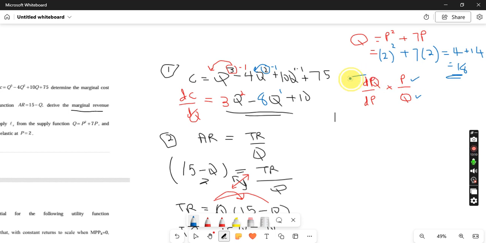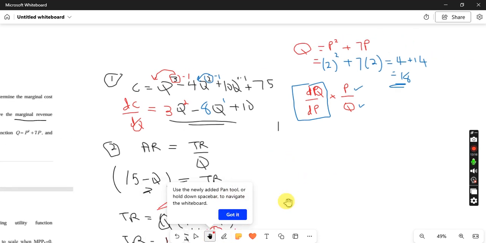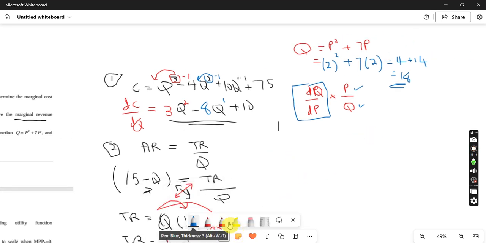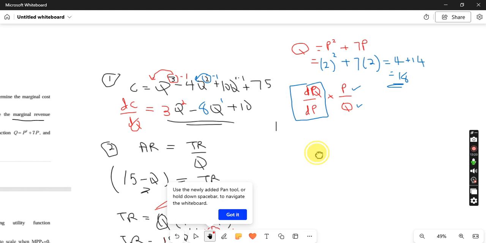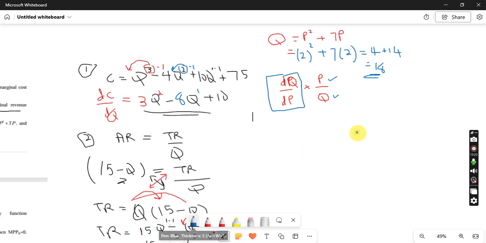Now next we need to derive. So we derive our supply function with respect to P. Let me write it here again. Q equals P squared plus 7P.